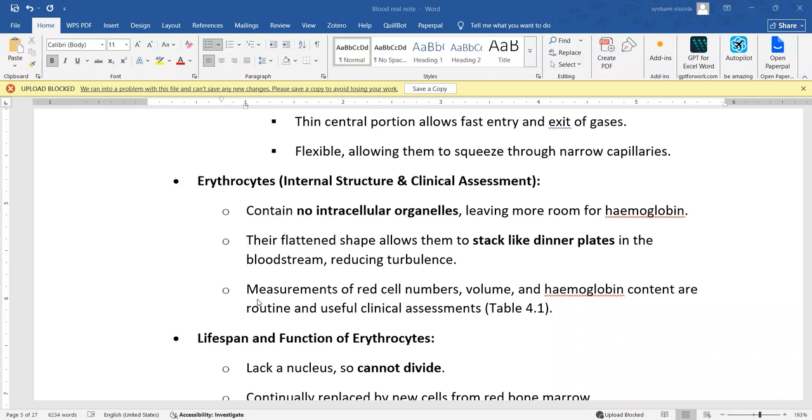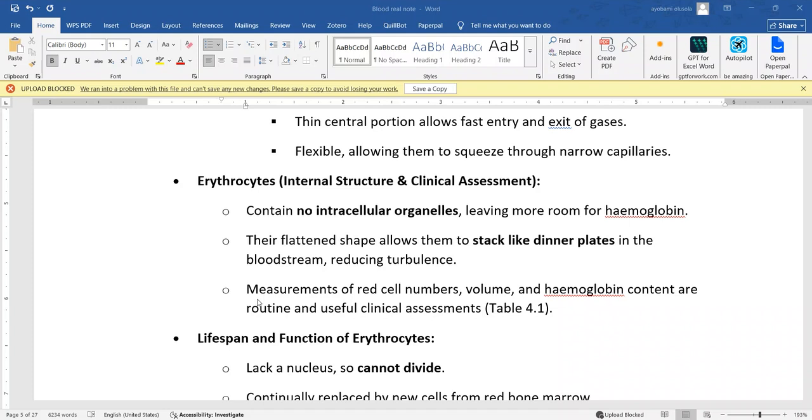Pigments are like colors. So the hemoglobin is red in color. So the reason why your red blood cells are red is because of hemoglobin.